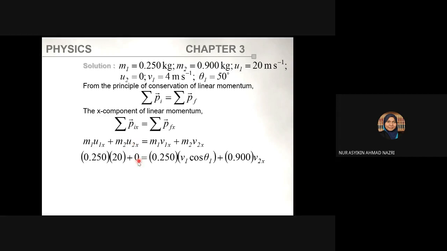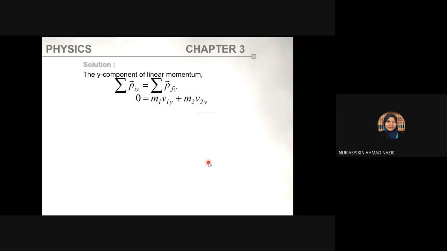Then after that, at last you have cos theta 1, because we don't know where it goes. And then when we simplify, we may find the velocity of X. And then from the Y component, we can find the velocity of Y.